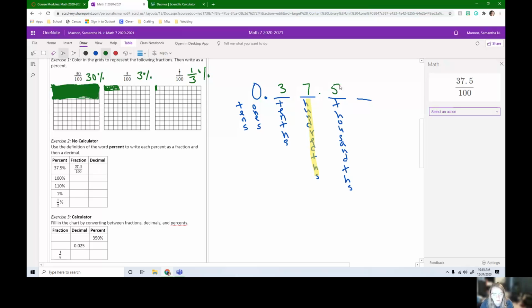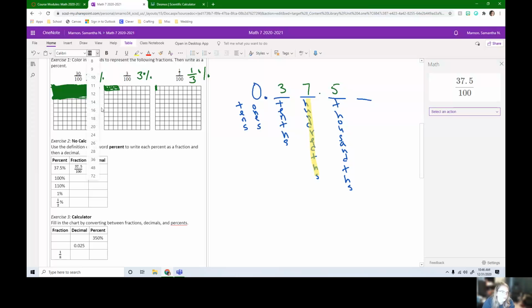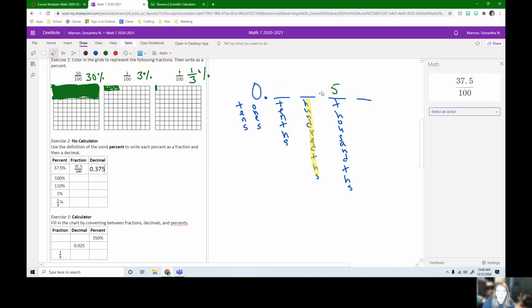And then 5 more would get into the thousandths. So we can write this as 0.375 as a decimal. Let's erase this so we can use this again.